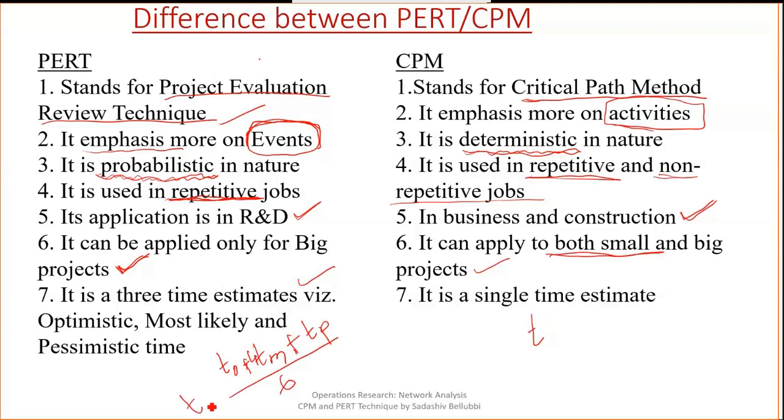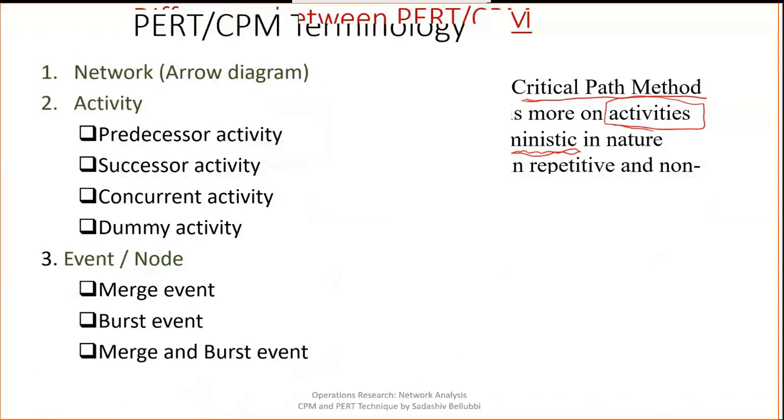The expected time is calculated by this formula, and this T becomes the single estimated time as in CPM. Construction of the network and solving the problem are almost the same for both, but for the probability part we need to use a few problems separately.